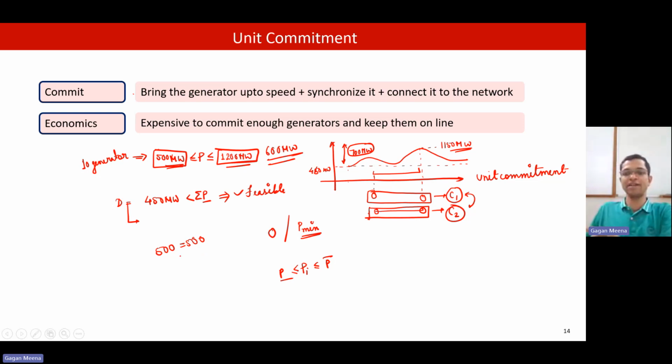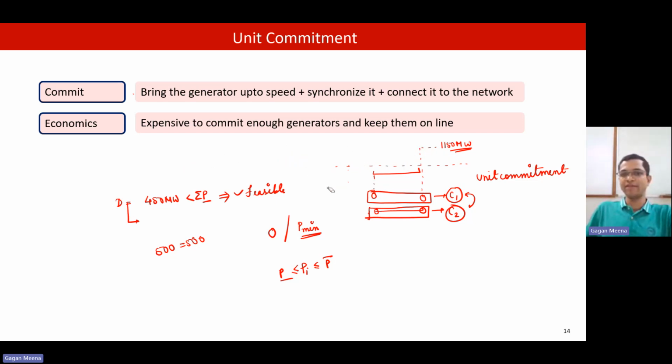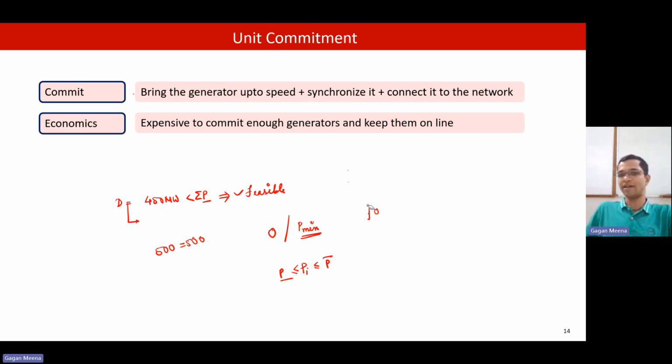Why keep other generators on if it is more economical not to? So this is the motivation for doing unit commitment: if it is more economical to switch off certain generators and bring them on whenever required, then why not do that? Finally, our aim is to satisfy the technical constraints as well as do it economically.